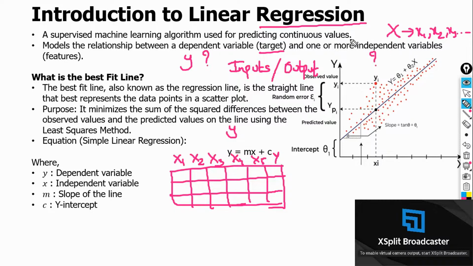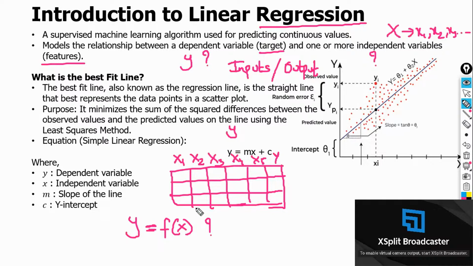Y depends on X. These independent variables are nothing but features. So in short, we are going to come up with an equation: y equals f of x. But how are we going to frame this equation? We use historical data, the past data that was collected so far. Using the data, we'll come up with an equation.